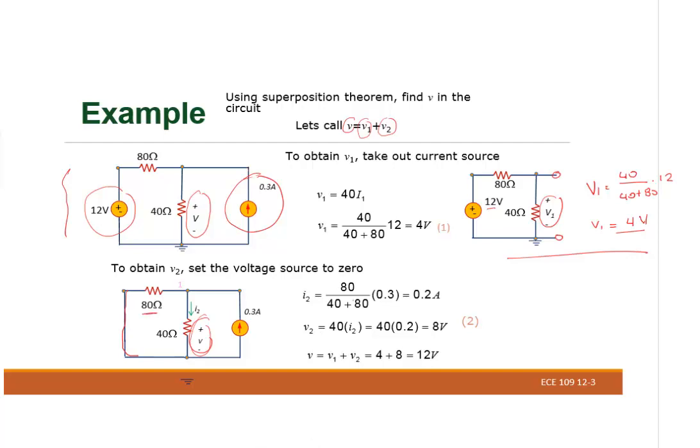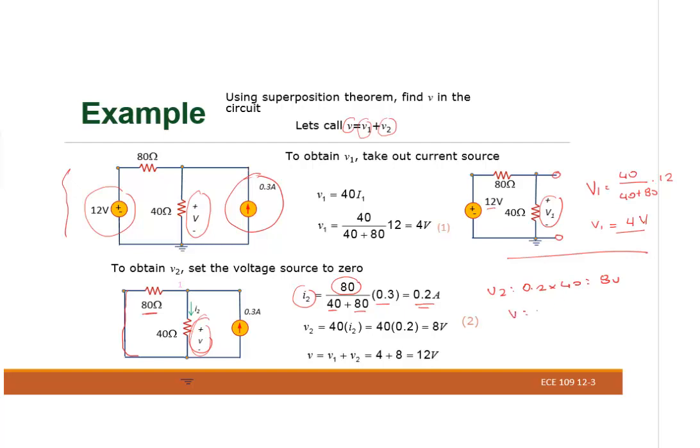So I2 equals 80 divided by 40 plus 80, times 0.3 ampere, which gives you 0.2 ampere. So V2 is 0.2 times 40, which gives you 8 volts.